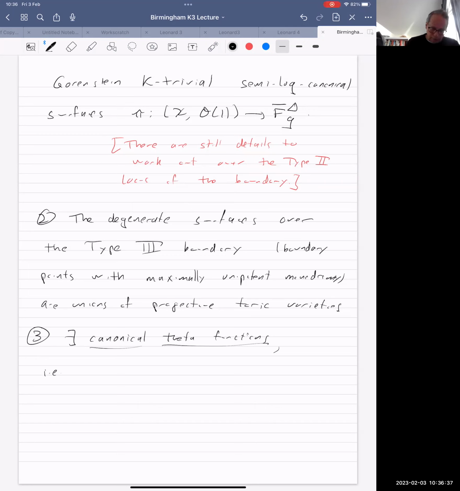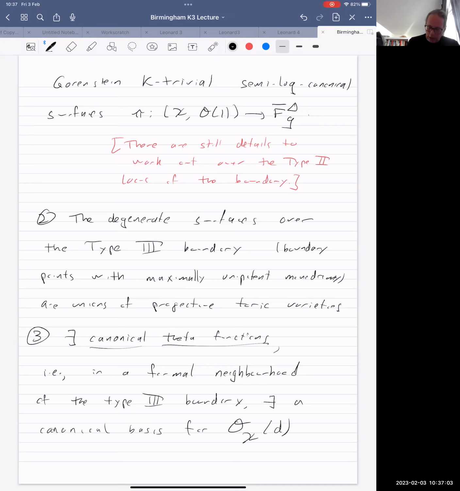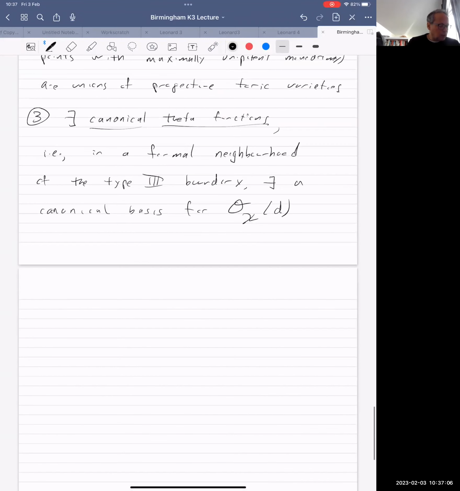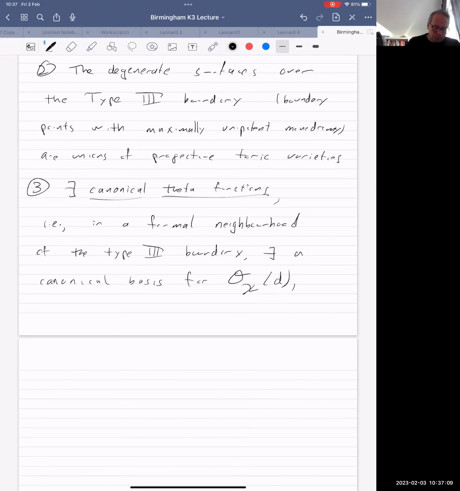I.e., over a formal neighborhood of the type 3 boundary there exists a canonical basis for the d-twist of O_X of 1, of O_X rather, well-defined up to scaling each basis vector individually.